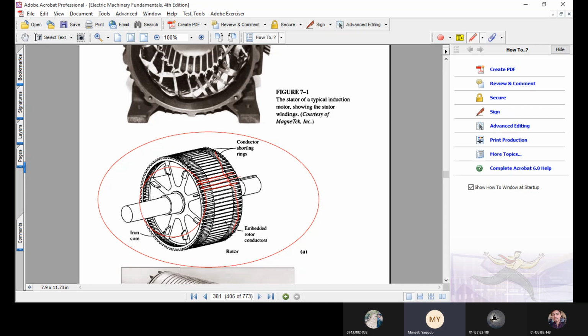But this scheme is the most inexpensive because it is used as a substitute for the three-phase winding. Obviously a three-phase winding is much more expensive compared to this cage system. So we know that squirrel cage induction motors work for a fixed load.